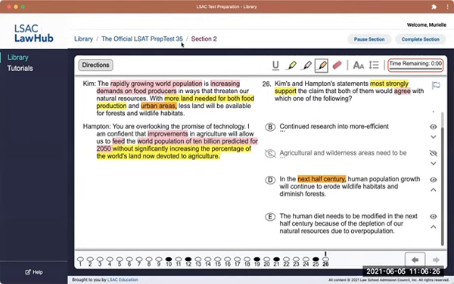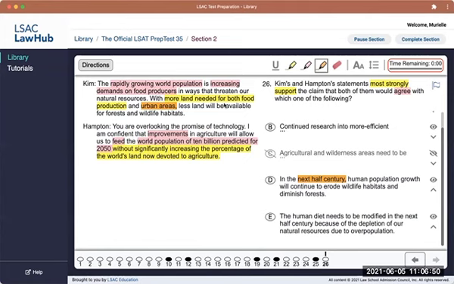So, PrepTest 35. I'm guessing it was like late 90s or early 2000s or something. And so 2050 was further away at that point in time than it is now in 2021. Anyways, human population growth will continue to erode wildlife habitats and diminish forests.